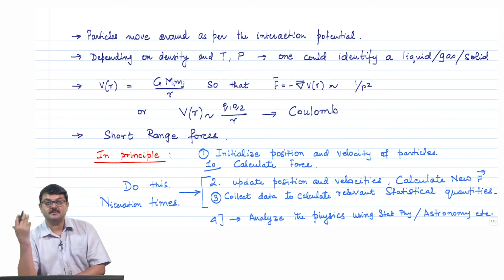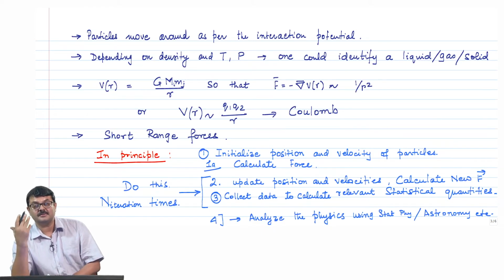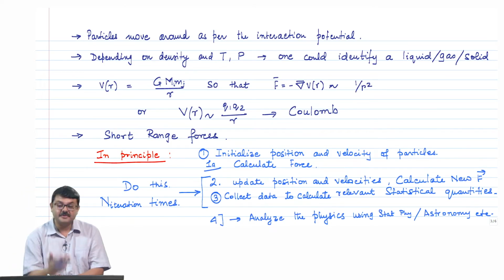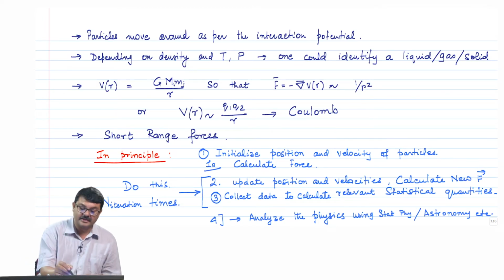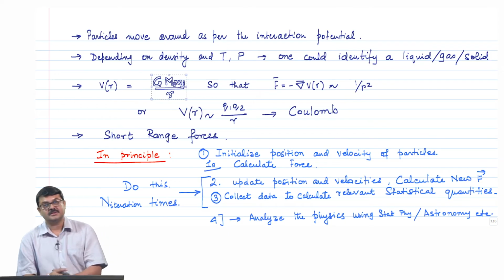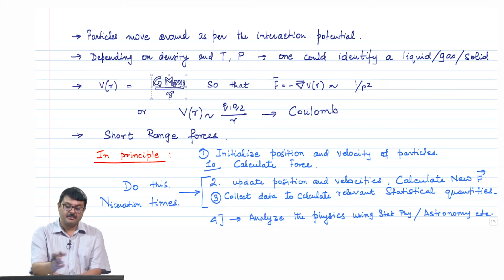As I told you, in molecular dynamics simulation the physics of the problem is decided by the potential. You could even use molecular dynamics simulations to look at how Neptune is going around the sun. Then we would be looking at Newton's gravitational law, GMm by r square.